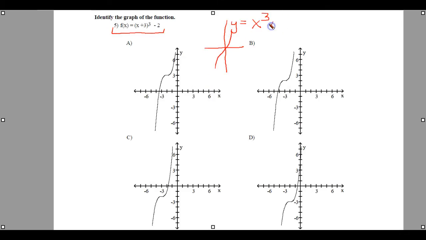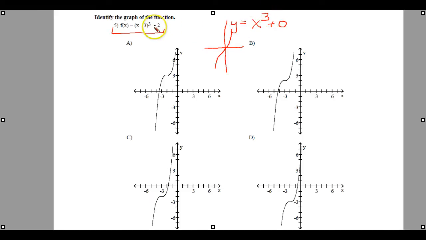That is, it would go through the origin, and that's why there is no value here, because it's 0. So that takes it through the origin. So this is the typical shape of your y equals x to the third.